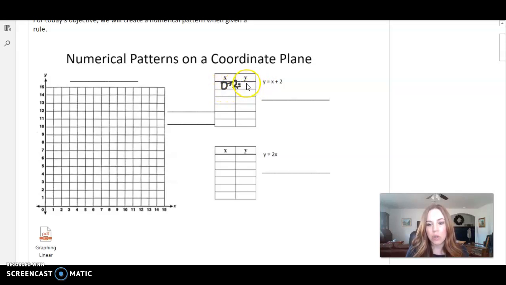So 0 plus 2 is 2. When x is 0, y is 2. The next best thing to do is just go to 1, and we're going to add 2 to it because that's the rule. When x is 1, 1 plus 2 is 3, so y is 3.